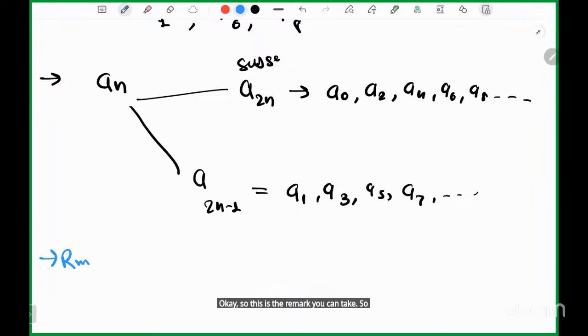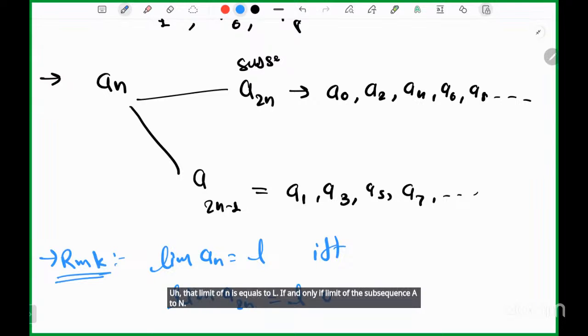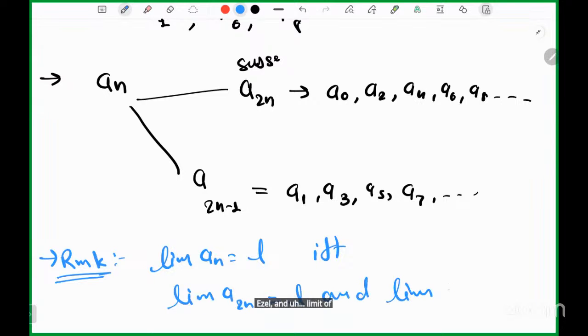The remark says, as an if and only if condition, that the limit of a_n is equal to L if and only if the limit of the subsequence a_2n is L, and the limit of the subsequence a_(2n-1) is also equal to L. So that means if both subsequences converge to the same limit, then you can say that the limit of a_n is also L, and if the limit is L, then both subsequences converge to the same limit. So this is the remark I want to give you.